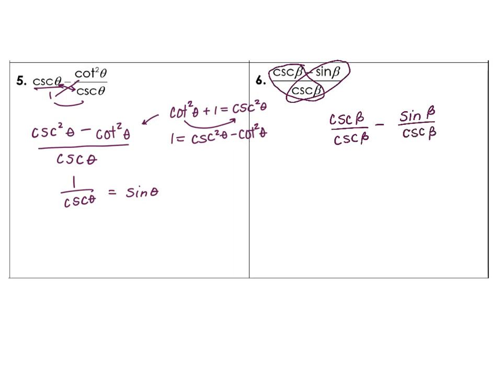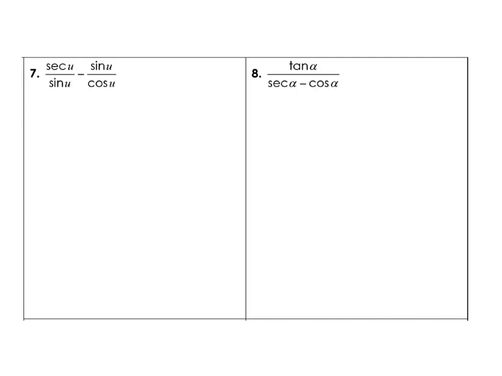So this first part is going to be 1 minus, now keep in mind that's really sine beta over 1 over sine beta. And so that side will simplify to be 1 minus sine squared beta. And 1 minus sine squared, that is part of our identity, and we know that's going to change over to be cosine squared beta.